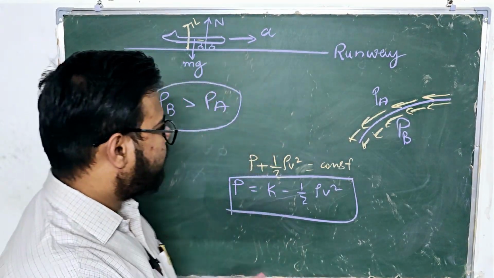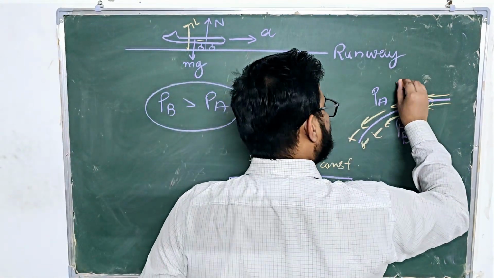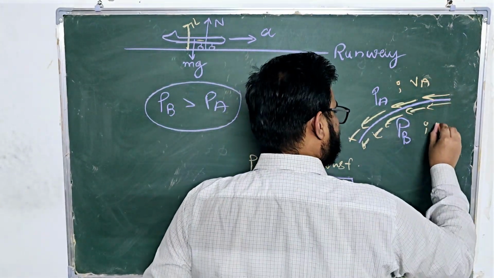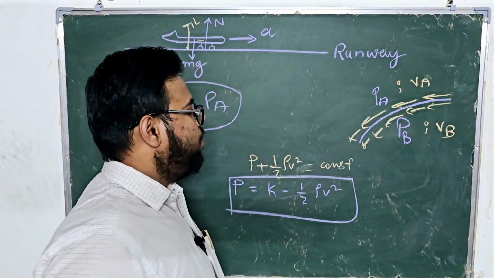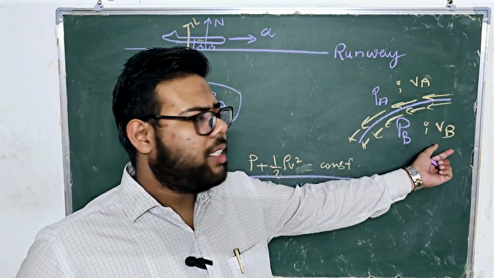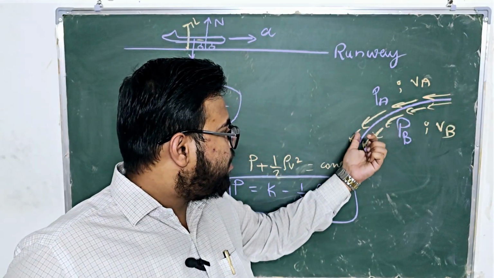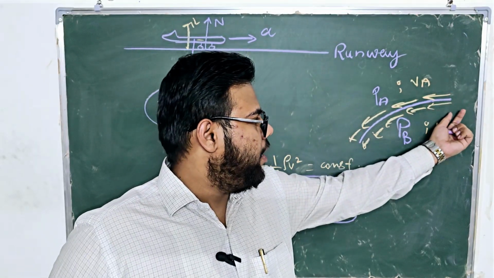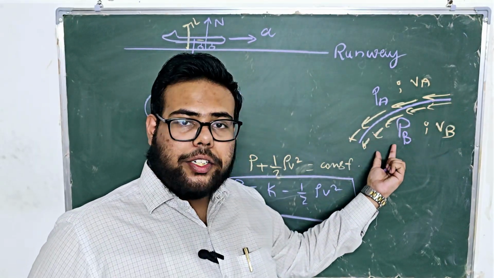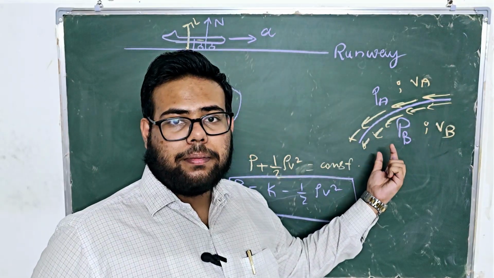Understood? Why? Since velocity of B is less than velocity of A, since the air is traveling more distance in the same amount of time as compared to the air which is moving in the downward direction, I mean in the bottom area.